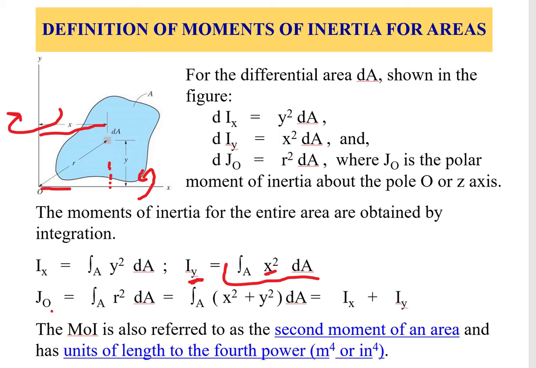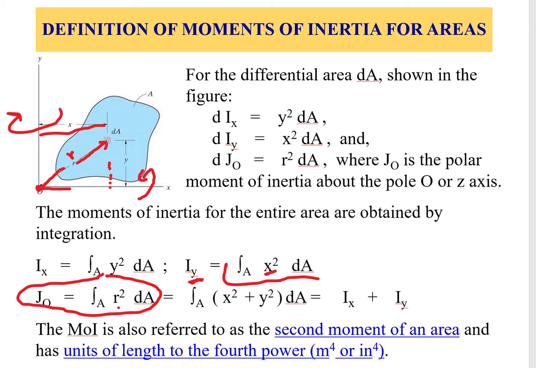Now another definition is the combined moment of inertia, and this is called the polar moment of inertia, which, as the definition says, is the tendency of this object to rotate about a point. So definitely we need to measure the radius r, right? This is called the polar moment of inertia.